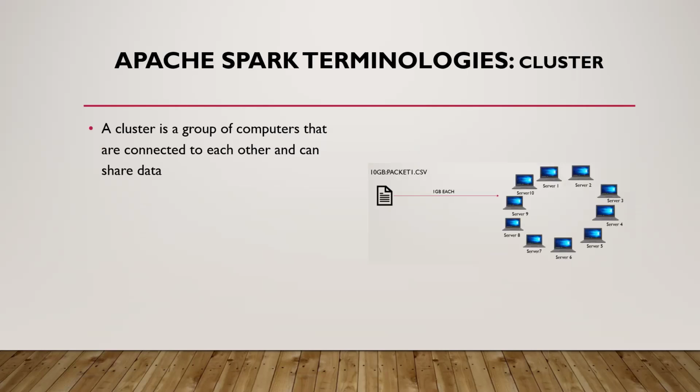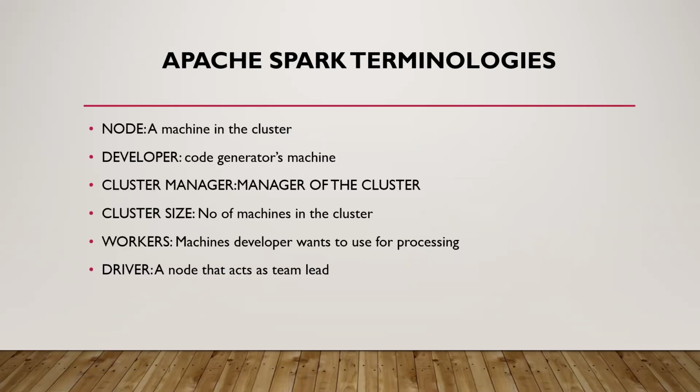Now we've talked about cluster, a group of computers that are connected to each other and can share data. Other terminologies: we have a node, which is a machine in the cluster. We have the developer, which is the code generator's machine. It is also one of the machines in the cluster, but it is the one that produces the code.